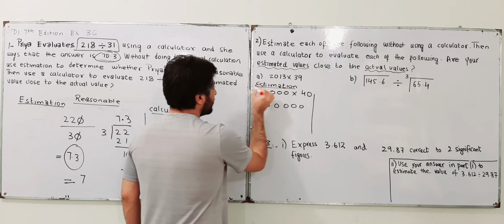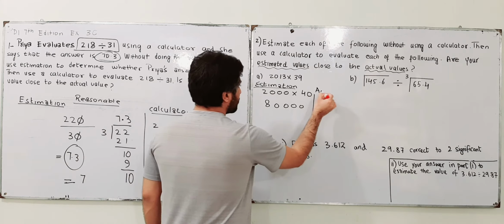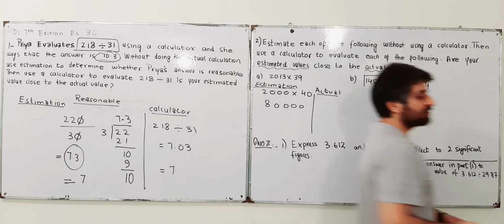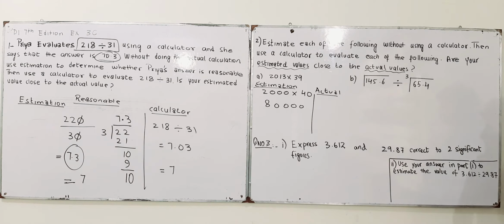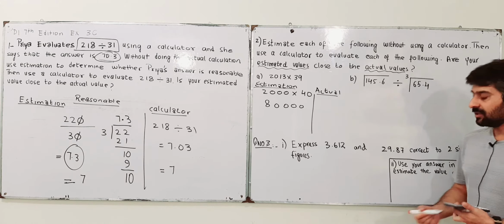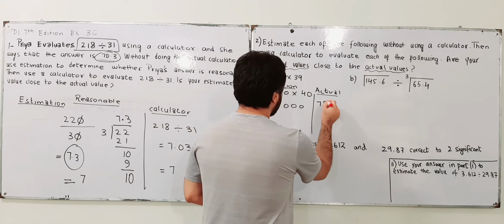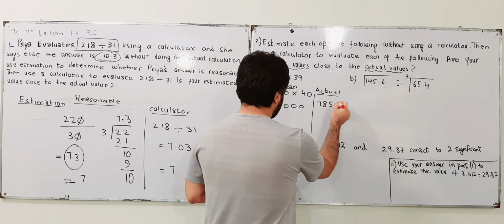What about the actual result using a calculator? 2013 multiplied by 39, the answer is 78,507.